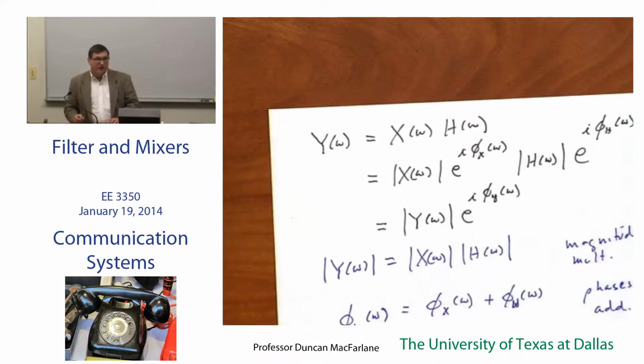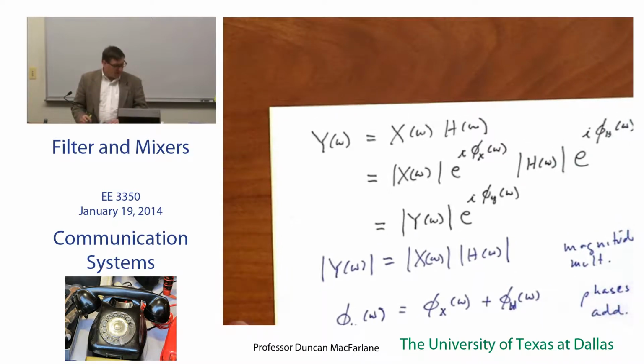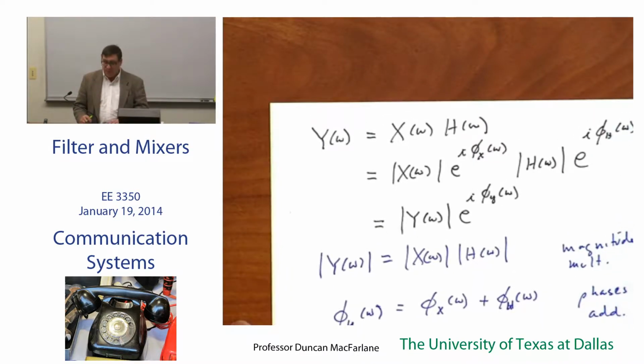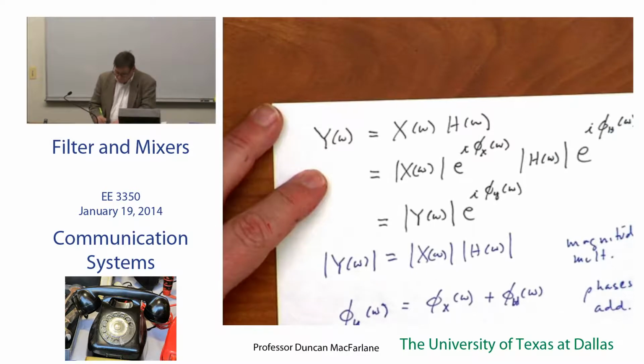Because of the rules of the exponent, the phases add and the magnitudes multiply. And this forms the basis for the Bode plot.